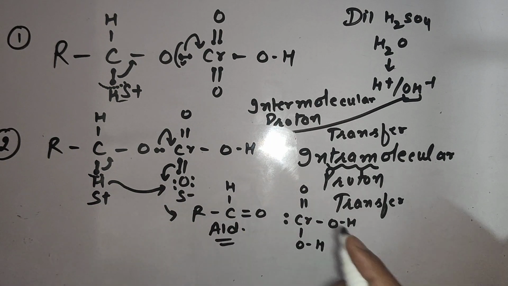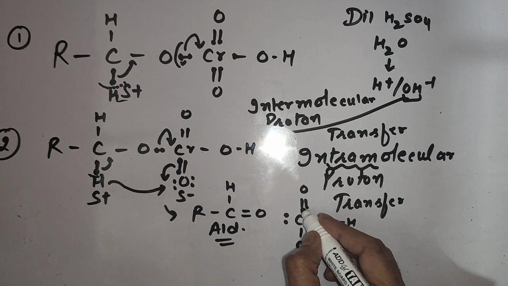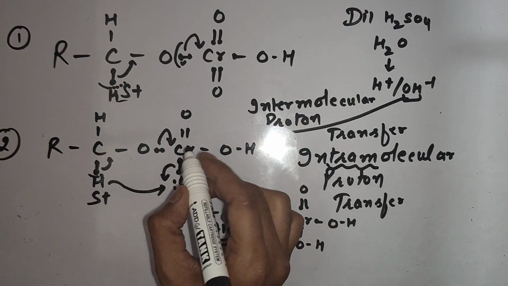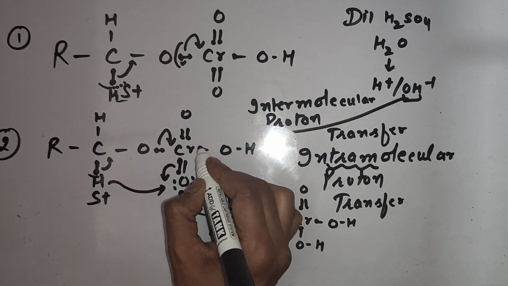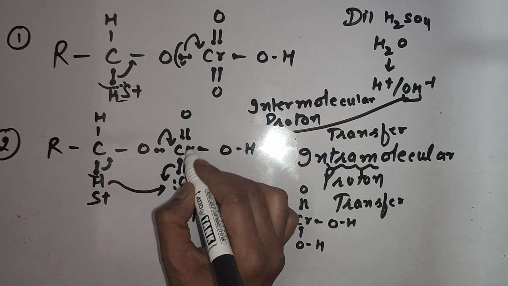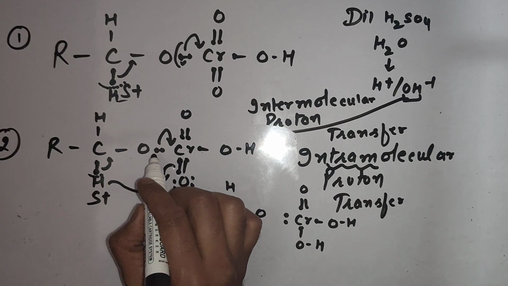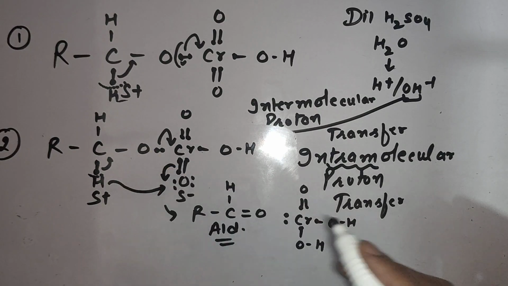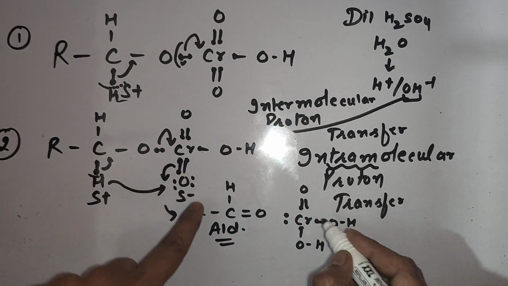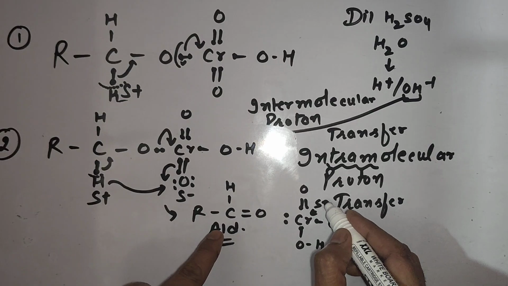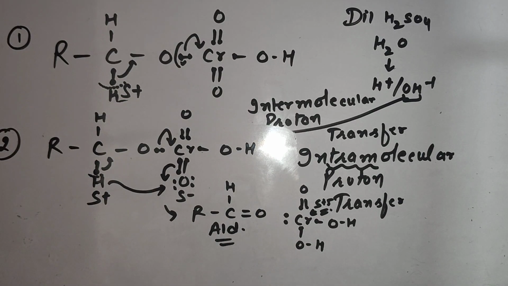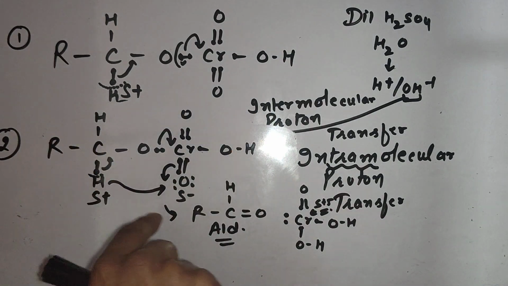Here you can check the oxidation state. 1, 2, 3, 4. Let's check. 1, 2, 3, 4. 6 were there, plus 6. 1 it has got extra, so plus 5. It is now in plus 5 oxidation state, like this. So this is intramolecular proton transfer. In the same molecule, proton is getting transferred.